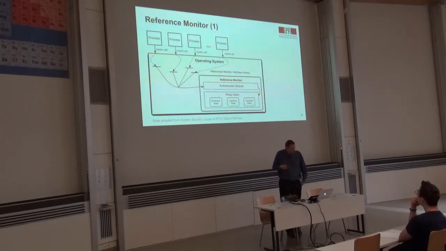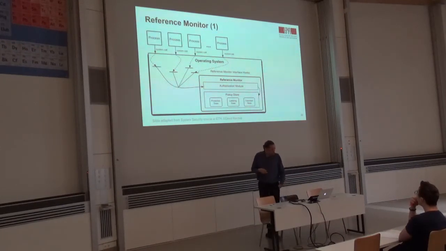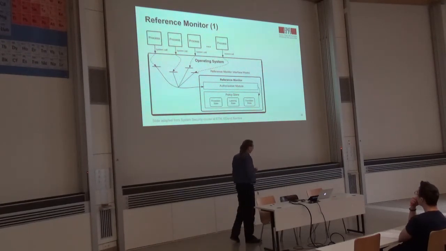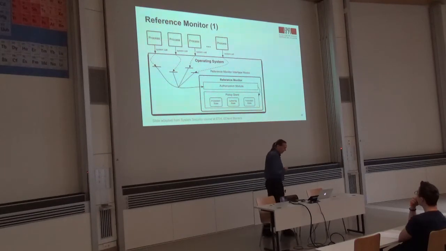And so this is a fairly general purpose mechanism. It can be used to enforce a wide variety of policies. And it has been used in a lot of different ways, some more, some less, like traditional military style MAC.